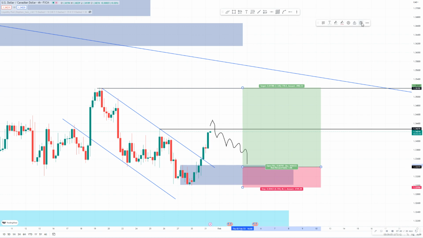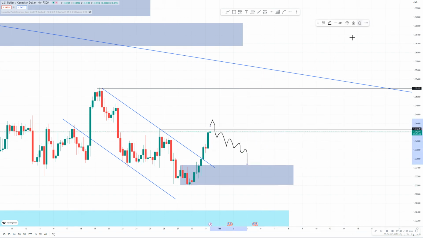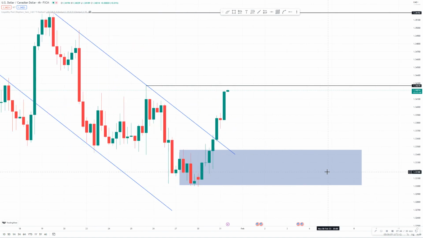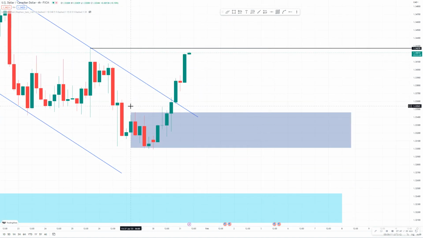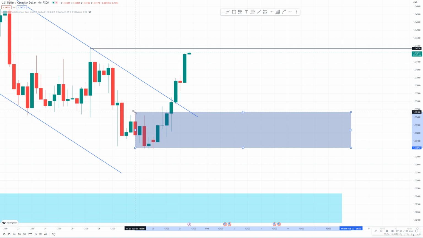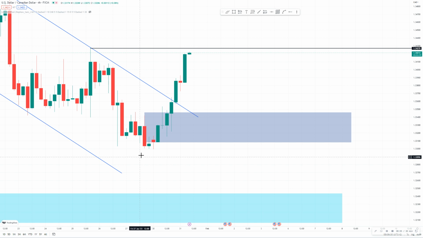Let me check, I want to plot this properly. So we're going to take it from the base, make a base right here, and then the lowest weak candle body, right here, right?